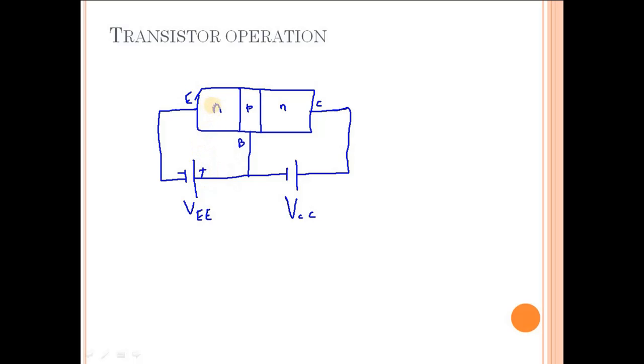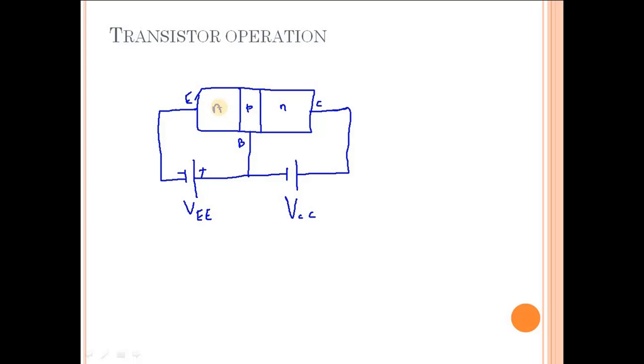The majority charge carriers of N-type material, which are electrons, under the effect of this negative potential move towards the P-type base material. So those majority electrons of N-type move from N to P. But whatever electrons come to this P layer add to the minority charge carriers of the P layer, because the base P layer has minority charge carriers as electrons.